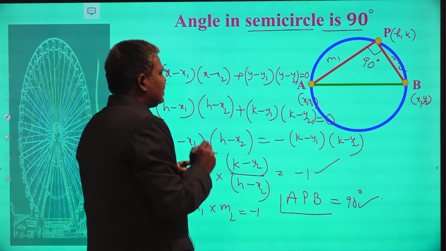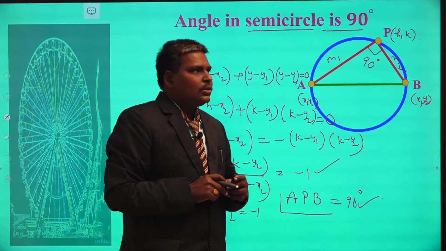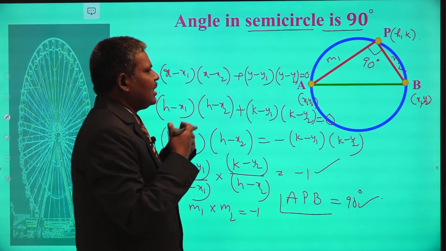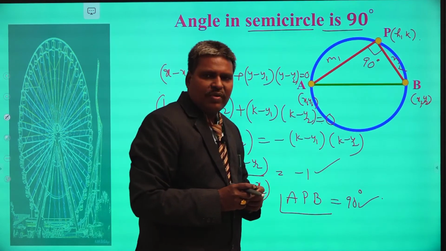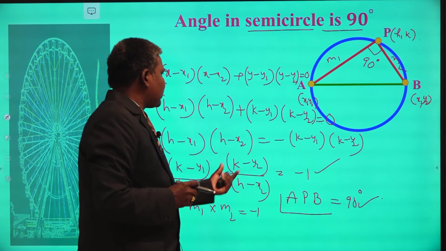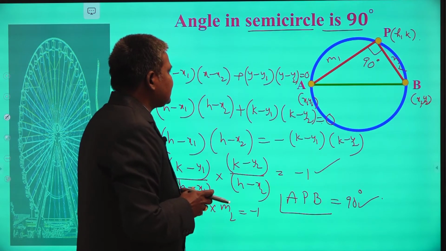So we conclude that the angle in a semicircle is 90 degrees. This is a very, very important result. It is obtained from the equation of the circle whose extremities are known to you, that is (x1, y1) and (x2, y2). The product of slopes is equal to -1, so the angle in a semicircle is 90 degrees.